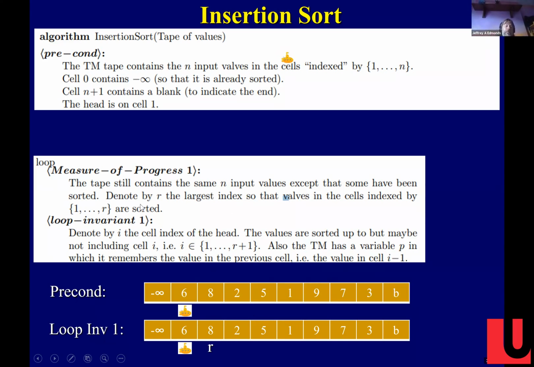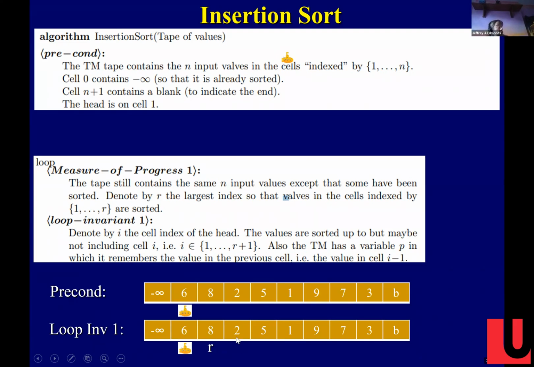So I'm just telling you, given our current situation, I'm defining R to be that value, and we'll talk about that value. Does that make sense? So right now, just the way the input came, R is this cell because 6, 8 is sorted, but then when you go to 2, it goes down, right? So that's our value of R. And then what our loop invariant is going to say is that the head, where is the head? It's always going to live between cell 1 and cell R plus 1, right?